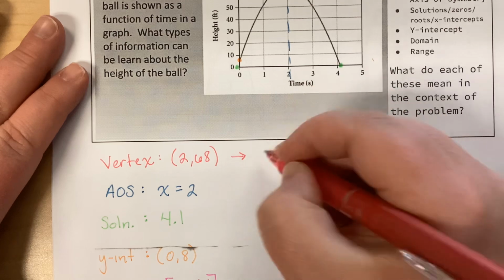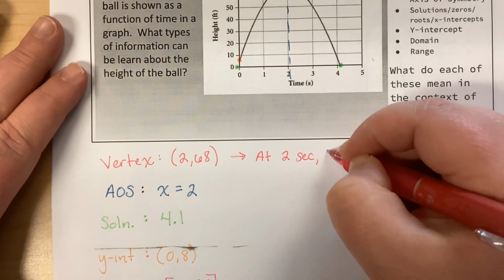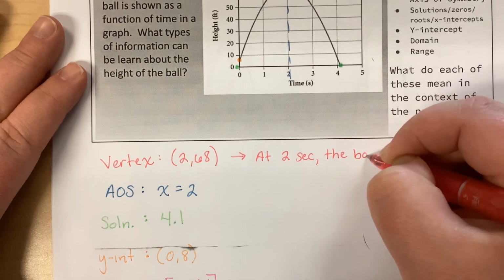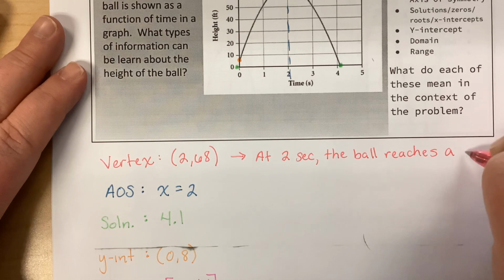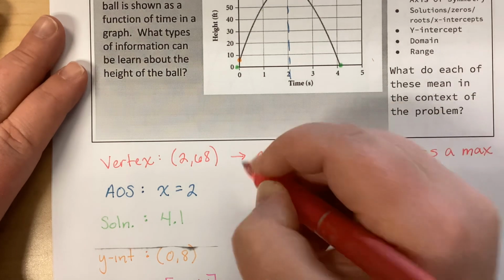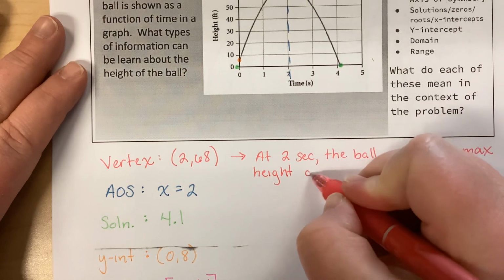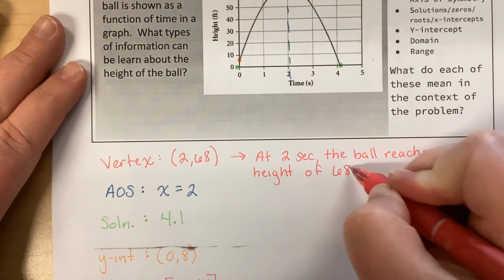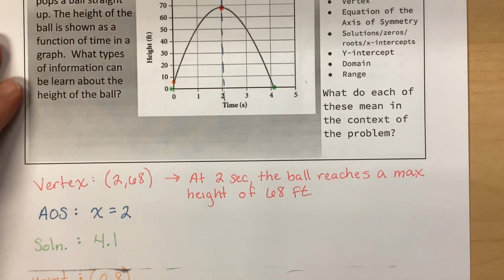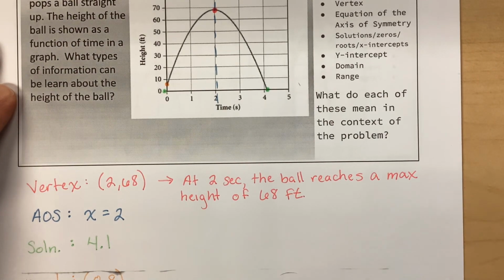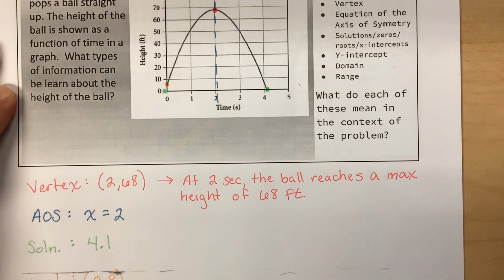What that means is at 2 seconds, the ball reaches a maximum height, or max height, of 68 feet. So your vertex here, remember, is always a maximum or minimum. Okay, so in this case, it's a max. So it's a maximum height because that's what the y value is talking about.